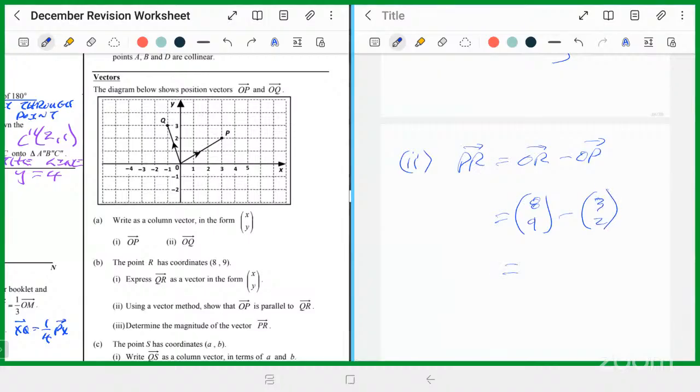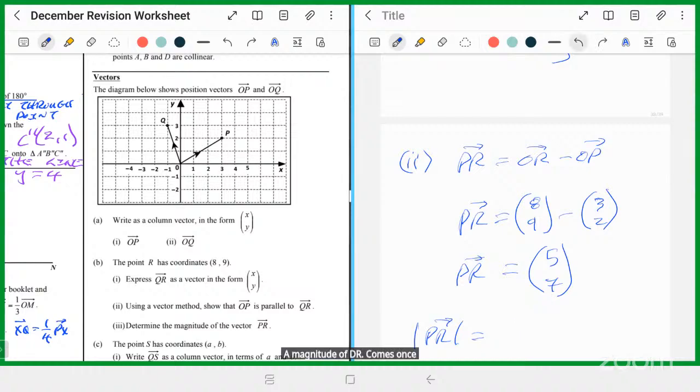That works out to be 8 minus 3 is 5, 9 minus 2 is 7. That is the vector PR right now. The question asks us the modulus. So the modulus of PR, or magnitude of PR, becomes the square root of 5 squared plus 7 squared.